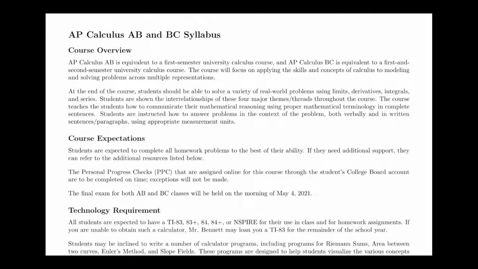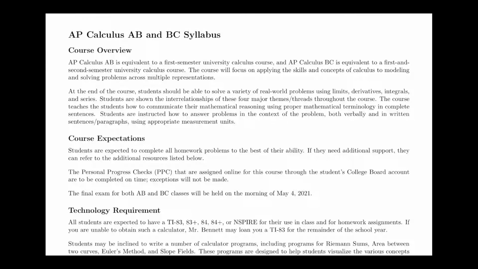I'm hoping that maybe by February you've determined what you'd like to do, and I'll explain the differences in those two courses in this document as well. AB is basically a first semester calculus course, and BC is a first and second semester course.